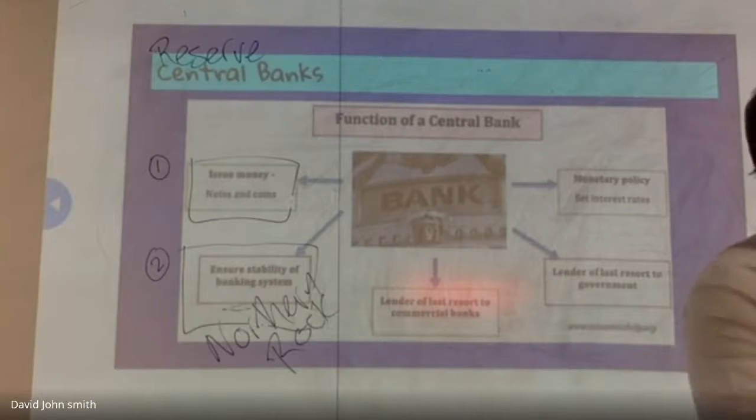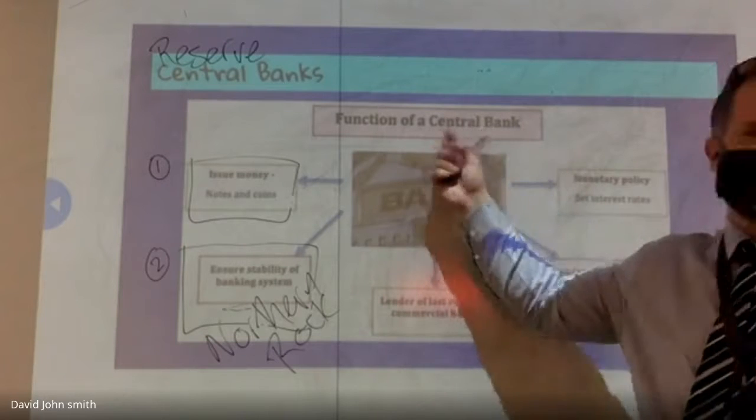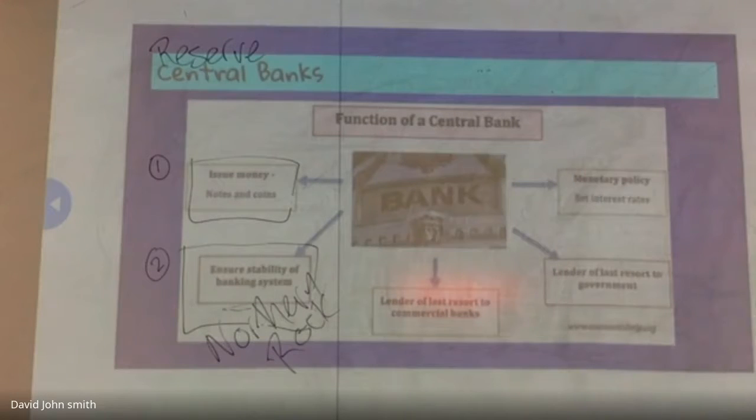There's a video you can watch on YouTube of the news reporting of its collapse, and you see people queued all the way around the block, desperately trying to get into this bank to get their money back. But nothing. So it's one of the jobs of the central bank to make sure that doesn't happen.